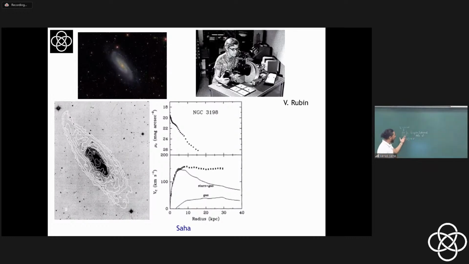So this is not a very physical solution for the dark matter halo profile.